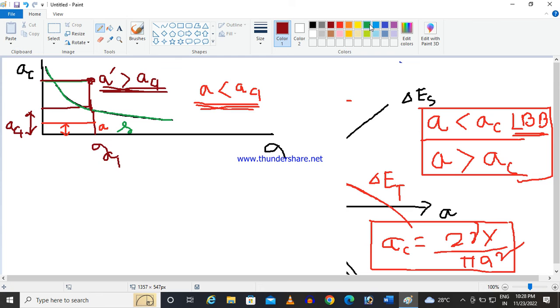So the region above the green curve is called the unsafe region. During your design, this should be taken care of.